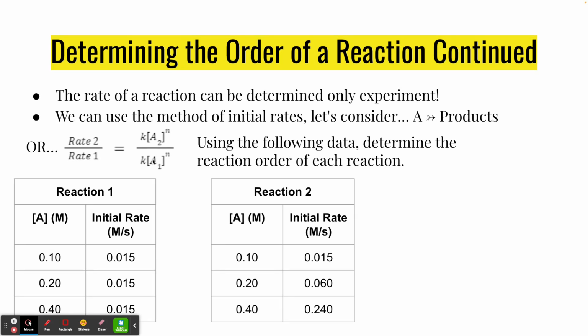So it will make more sense when I do that, but I just want to show you the other method. Okay, so we've been tasked with determining the reaction order for each reaction. So let's start with reaction 1.